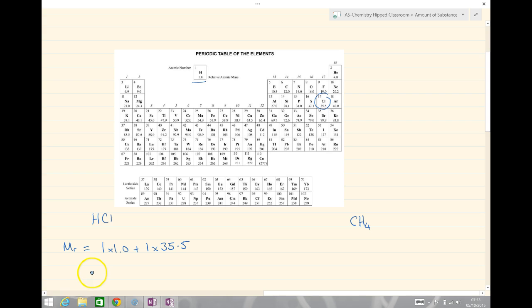I'm sure you don't need a calculator there. So our units and answer is 36.5 grams per mole for our molecular mass of hydrochloric acid.